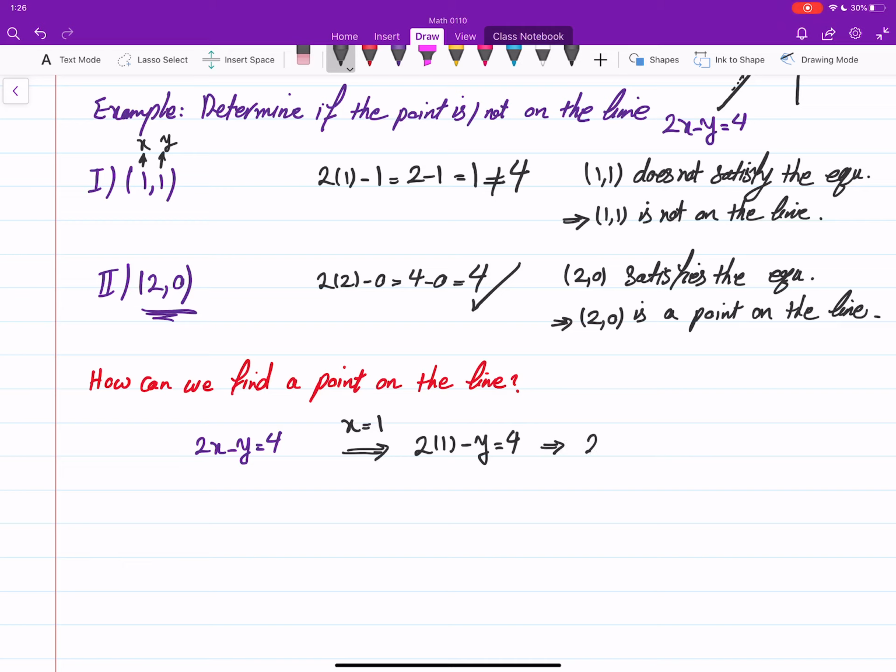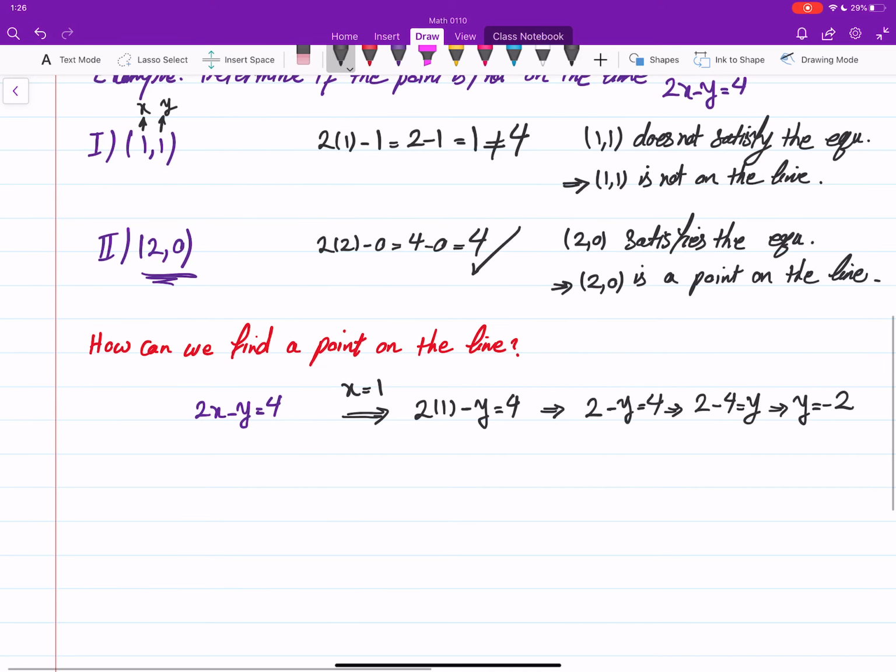So it will be 2 minus y is equal to 4. I can take y to the other side: 2 minus 4 is equal to y, and that gives me, wow, see? For x equal to 1, y is negative 2. It means that (1, -2) satisfies the equation and is a point on the line.